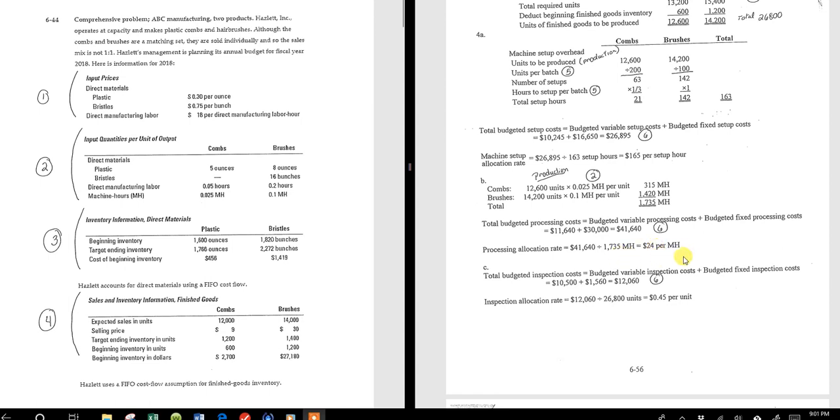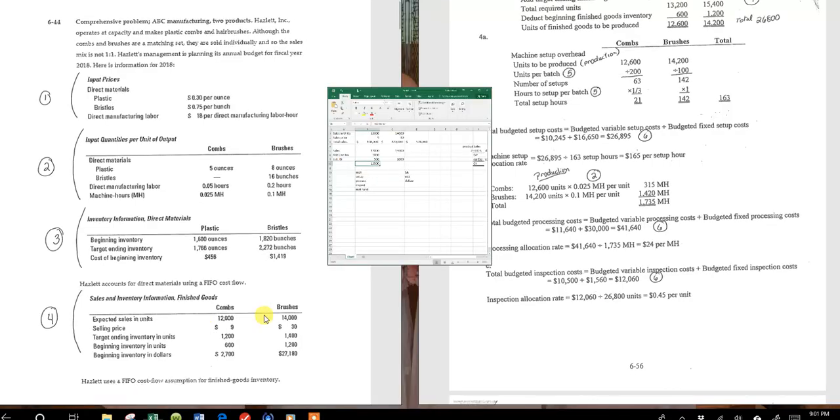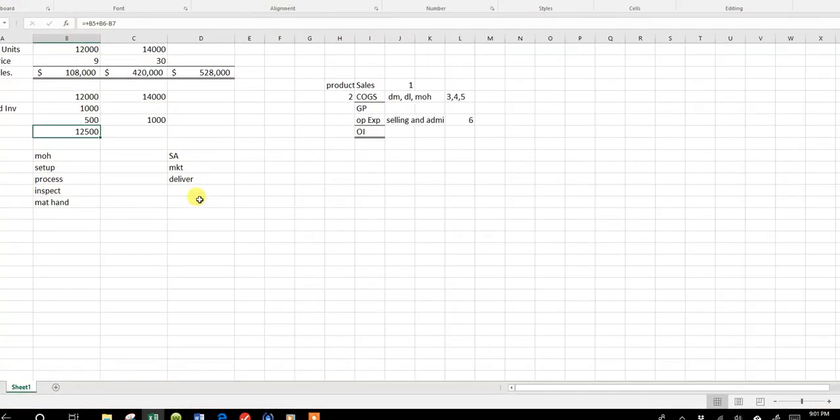So probably a good thing to do, since this is very wordy, is to go over to that Excel spreadsheet I had where I'd listed all the overhead items. And basically say the setup is so much per machine hour, so much per whatever it is.